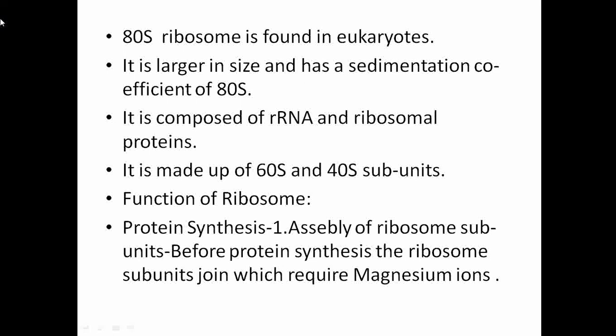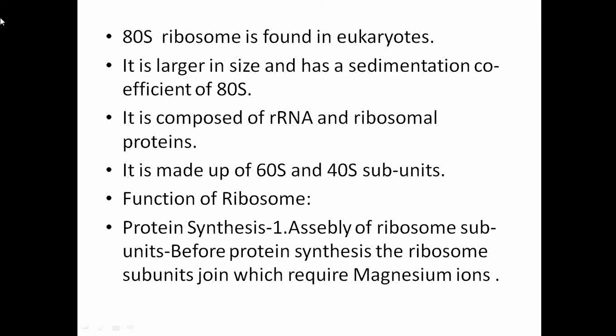It is made up of 60S and 40S subunits. So the subunits which are found in 80S are the 60S and 40S subunits. This is about the structure of the ribosomes found in prokaryotic cells and eukaryotic cells.